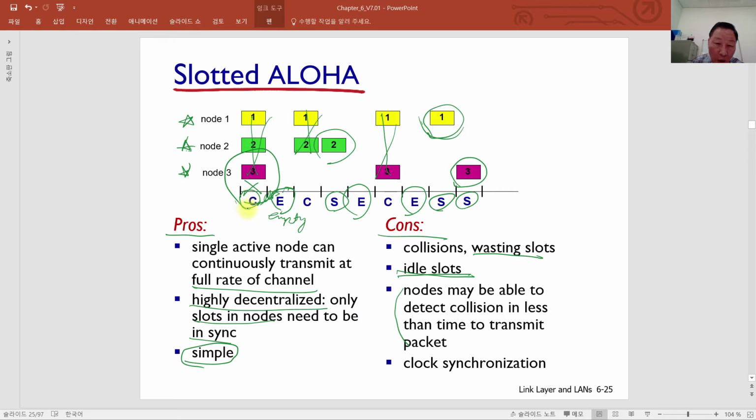The collision can be detected only within this time period. After that, it is not detected. And clock synchronization is not simple or easy to do. Those are disadvantages of this scheme.